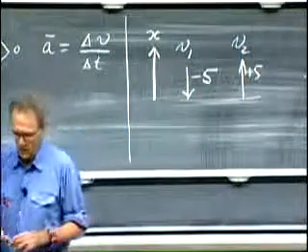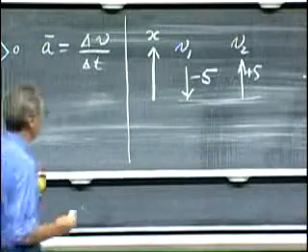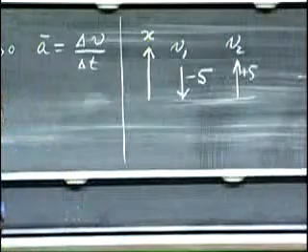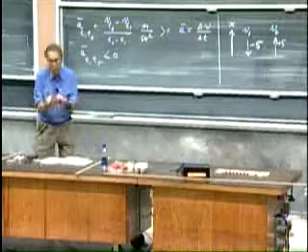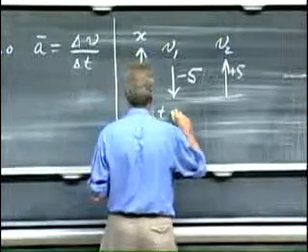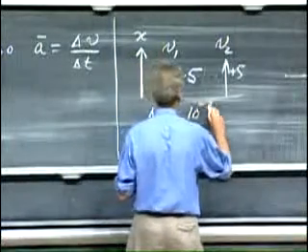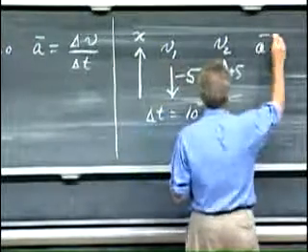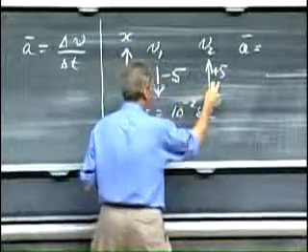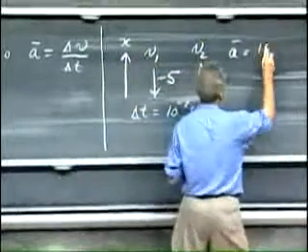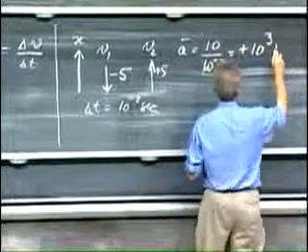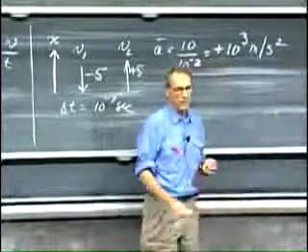So what now is the average acceleration? Well, I would have to know the time that it takes for this change in direction. In other words, we call that the impact time. I would say in this case, the impact time delta t is probably about a 100th of a second. And so my average acceleration would be v2 minus v1, that is plus 5 minus minus 5, that is 10, divided by 10 to the minus 2, and that is plus 1,000 meters per second squared.